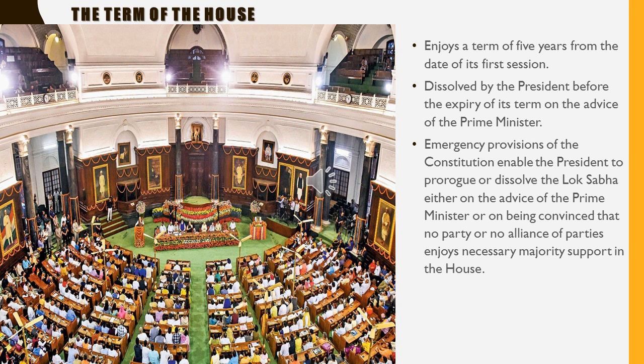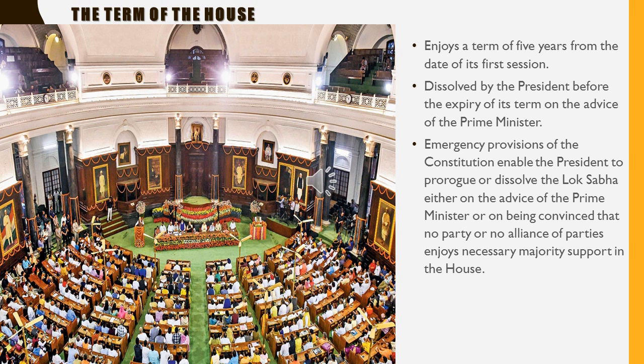So as per emergency provisions, the President can discontinue or dissolve the Lok Sabha either on the advice of the Prime Minister or on being convinced that no party or no coalition enjoys the necessary majority to form the government.